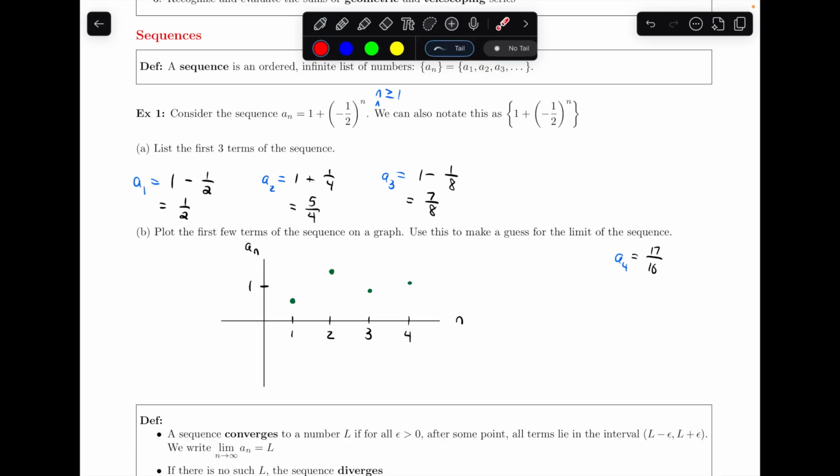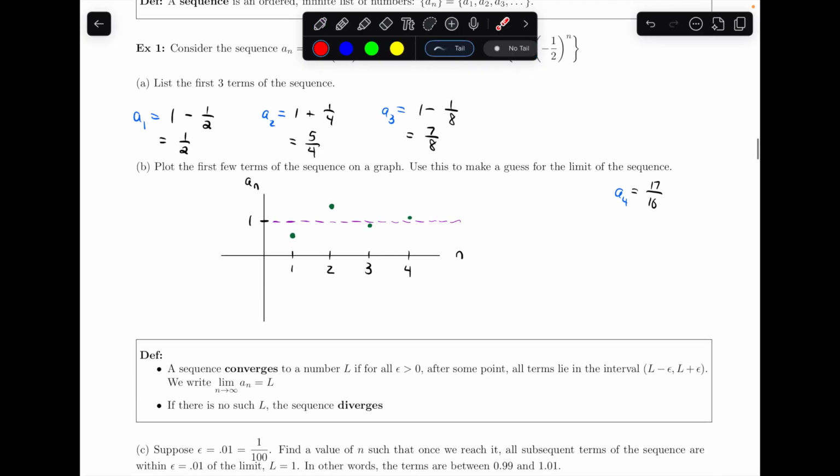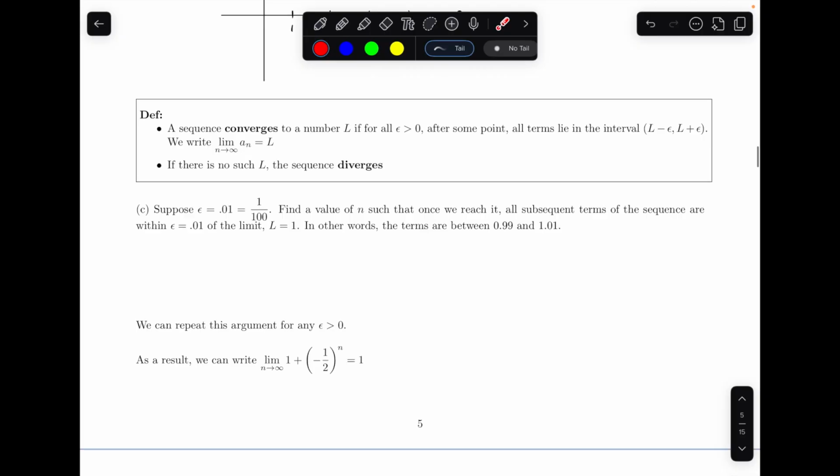So it seems like these terms are getting closer and closer to 1 as I go further and further out. So I'm going to put this little dashed line here at 1, and that seems to be the limit of the sequence. And there's a conceptual reason why that is. I can notate the limit of the sequence by saying the limit as n approaches infinity of my formula.